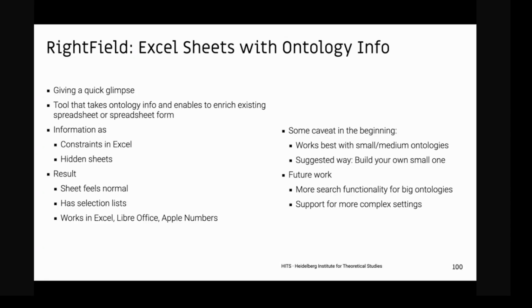You can choose which sheets you use, but you don't have an Excel sheet which you can then resave. You make something completely new, and then you can export it into Excel from OpenRefine. The result is that the sheet feels approximately normal, but it has selection lists.